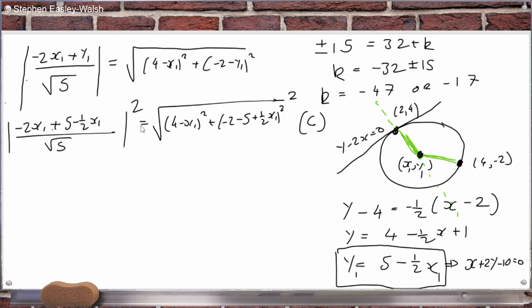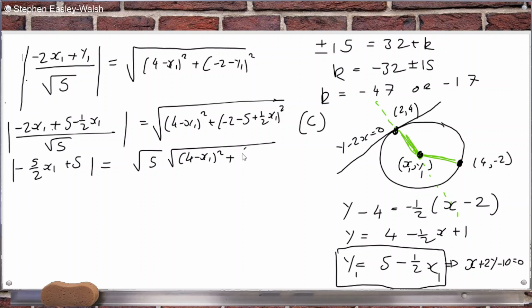But actually I won't square it just yet. I'll multiply across by the root 5, and that's minus 5 over 2 x1 plus 5 modulus equals root 5 root 4 minus x1 squared plus x1 over 2 minus 7 squared.